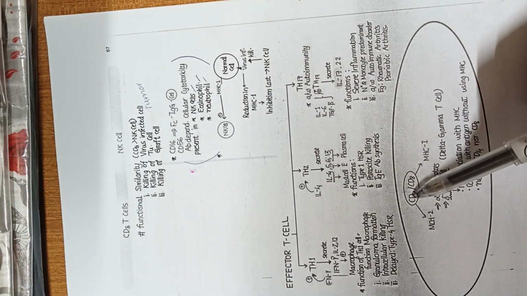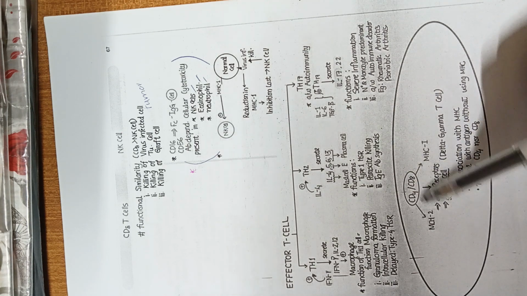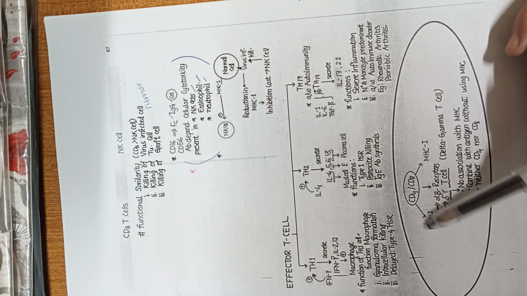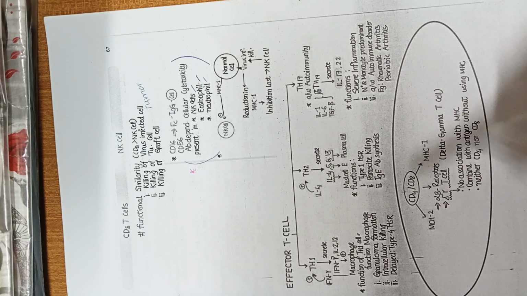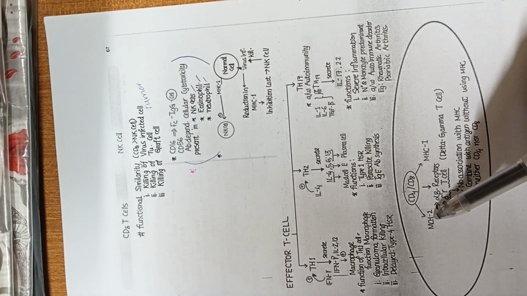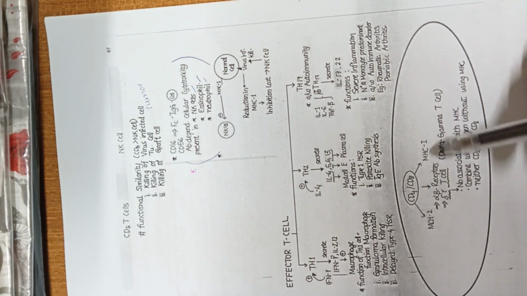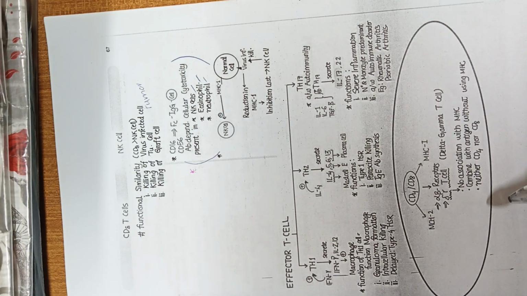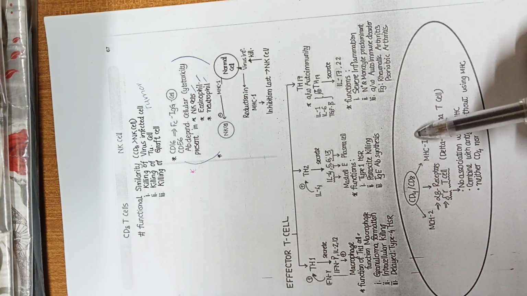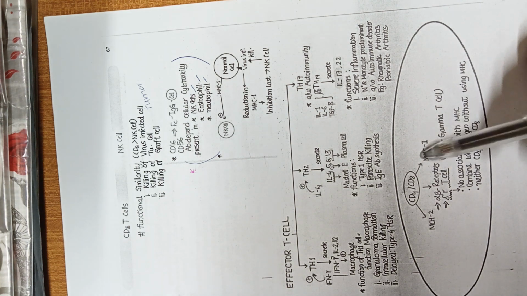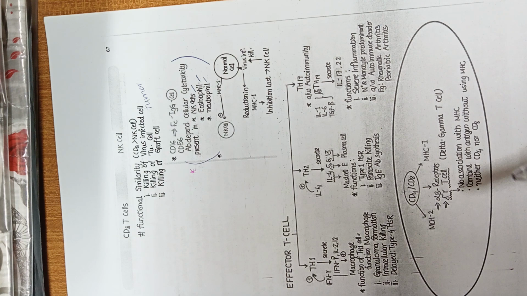Now, for example, this CD4 or CD8 cell: CD4 is activated by the antigen presented by MHC2, while CD8 is activated in response to MHC1. But there are some cells that do not need MHC1 and MHC2 molecules.